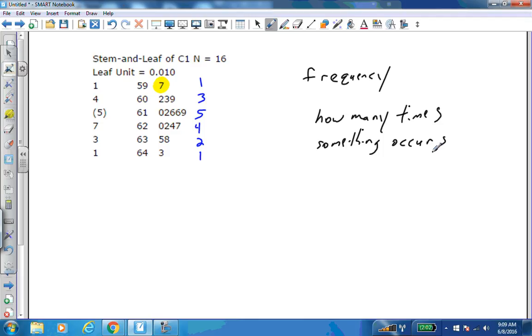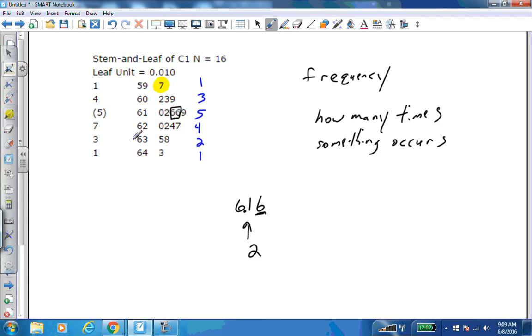So if you want to know what the frequency is of, let's say, this number, notice that it's repeated 2 different times. That's the number 616. The decimal is here, so that's in the hundredths place. The frequency of this data value is 2. That particular data value occurs twice.